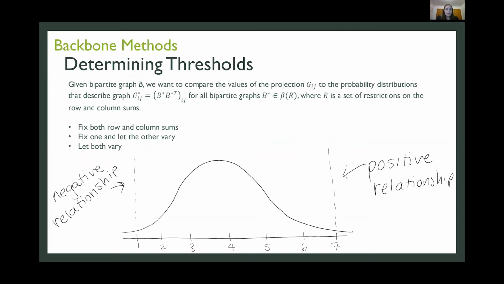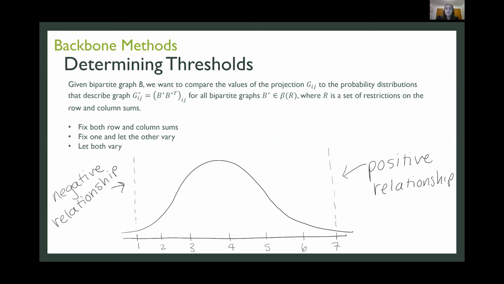So we talked about we might want to keep track of how many events each person attended, how many people attended each event. We can think of these as sets of restrictions. So if we have our bipartite graph B, we project it and find our projected graph G and look at each of the edges.